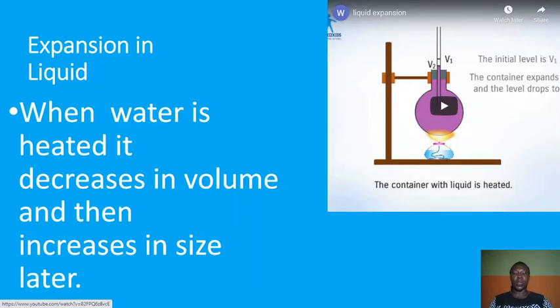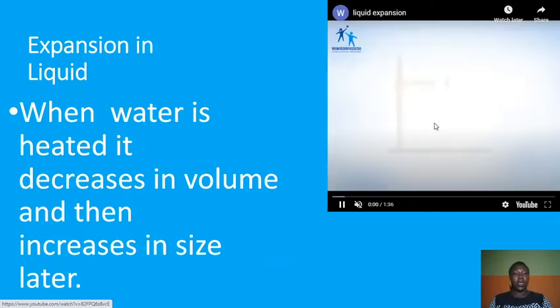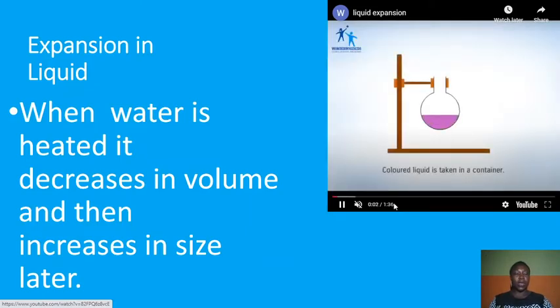Expansion in liquid. When water is heated, we can see that we have a conical flask or a container that is attached to a retort stand, and the volume of the colored liquid in the container is read as V1. And what happens?